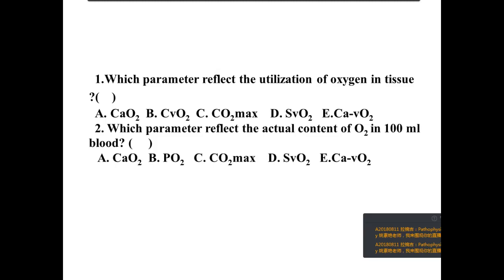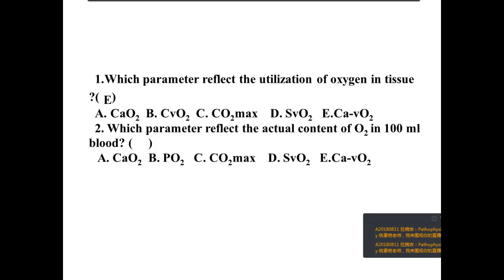Options A, B, C, D, E. Utilized oxygen. One option includes dissolved oxygen and combined oxygen; one is oxygen content; one refers to oxygen binding capacity; one is saturation; and the arteriovenous difference of oxygen content reflects tissue cells taking in oxygen. That is E. The normal value is 5.